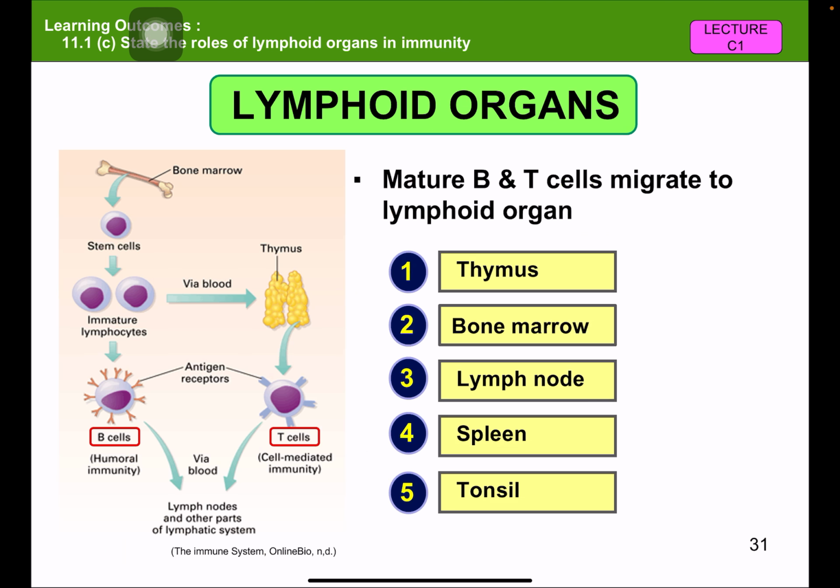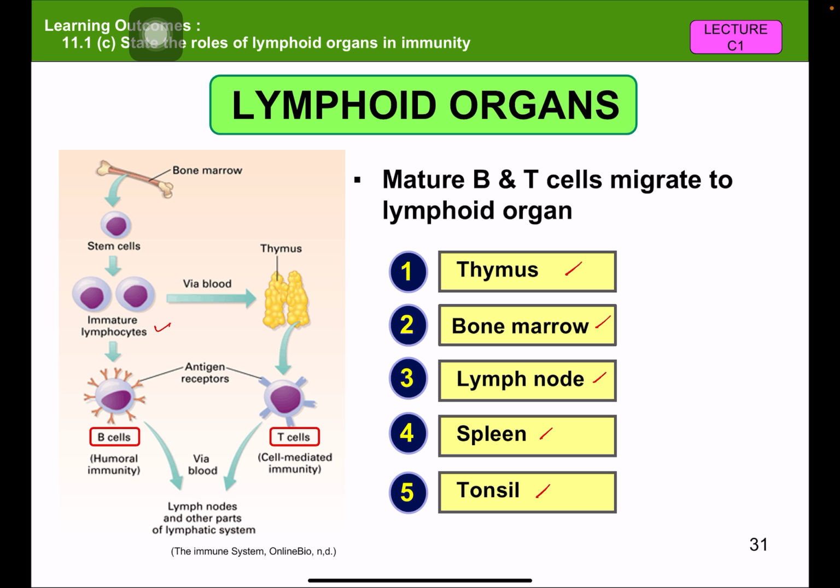Now let's see the lymphoid organs. These mature B and T cells migrate to the lymphoid organs, such as the thymus, bone marrow, lymph node, spleen, and also the tonsil. You can see here, from the bone marrow, the stem cell will produce immature lymphocytes, and by the blood they will travel to the thymus.